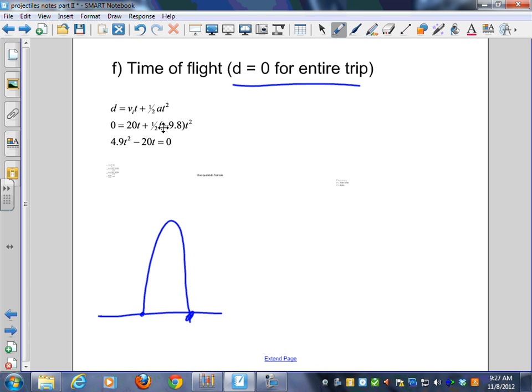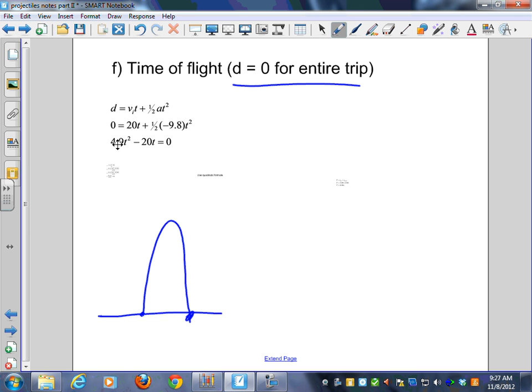The only problem with this one is you get 4.9 t squared minus 20t equals 0. What kind of equation is that? Quadratic. Do I need the quadratic formula though, Troy, to solve that? Why not? Come on, think about math. How come I don't need a quadratic formula to solve that?